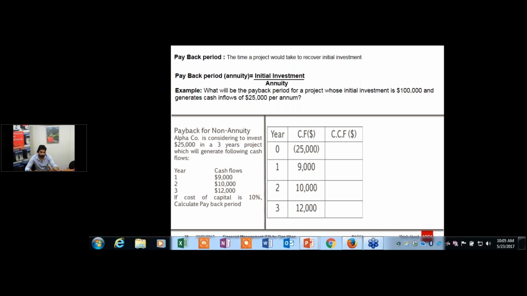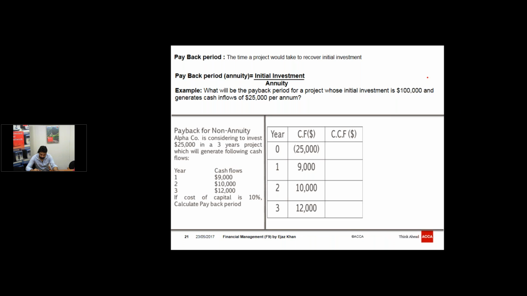So the payback period is actually the time that any project would take to cover the initial investment. Now, this is a very useful technique in appraising a project. So let's discuss how we calculate the payback. Let's first look at the formula on your screen, the payback period for annuity.